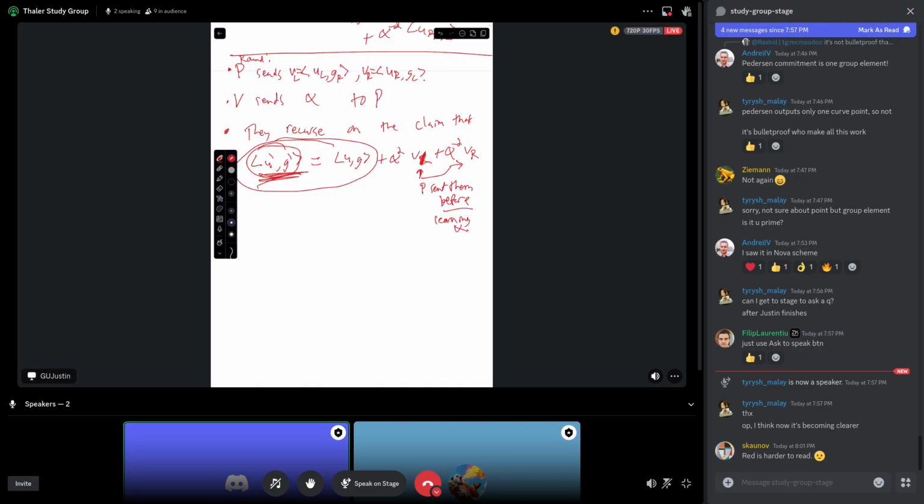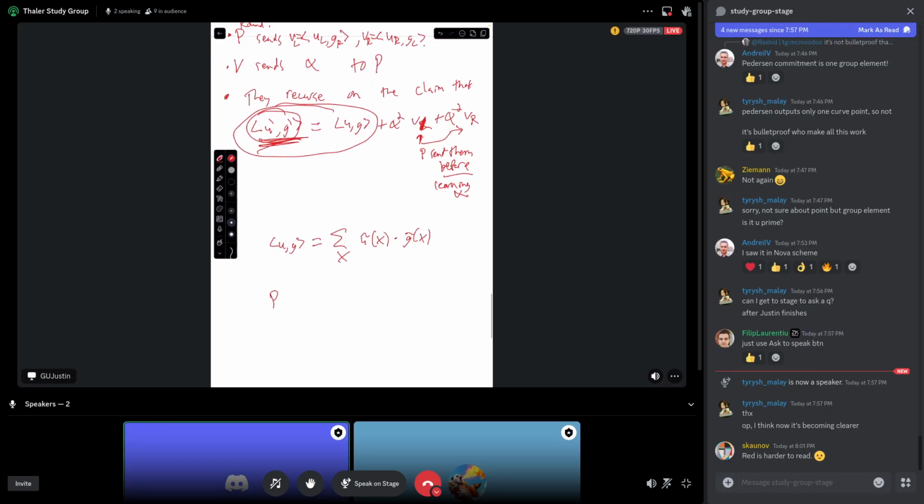Now I'm going to bring it back to the sum check protocol. If you want to compute U inner product G with the sum check protocol, by applying it to the multilinear extensions of U times G, the prover sends in each round a univariate polynomial S_i in round i.